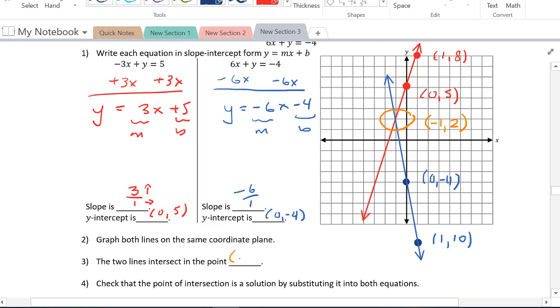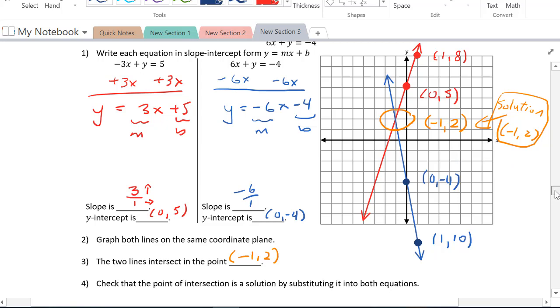So the two lines intersect at negative 1, comma 2. Let me write it better. That is our solution. So that's basically how you do that.